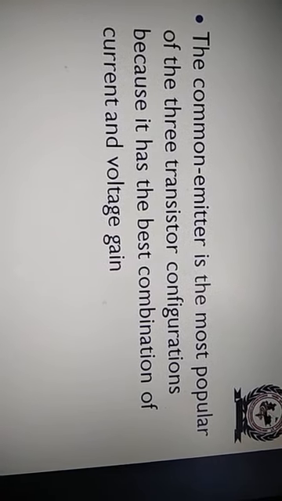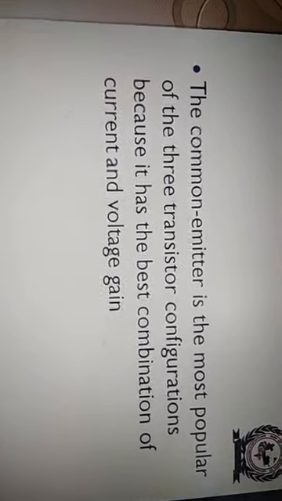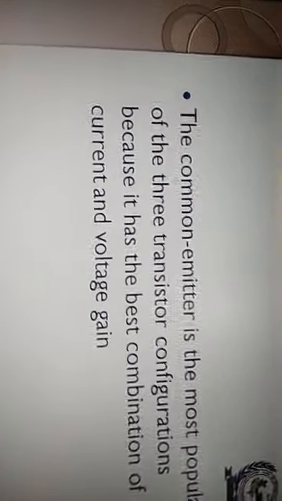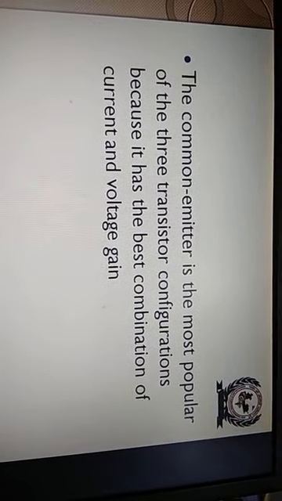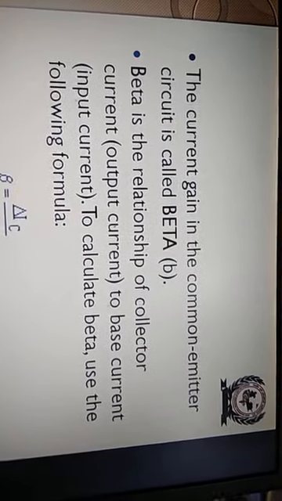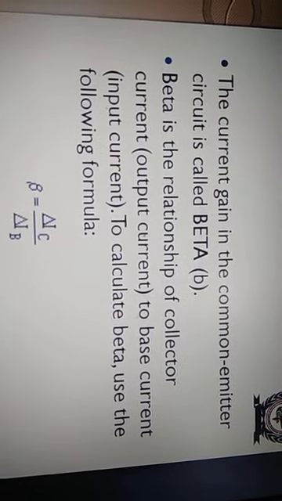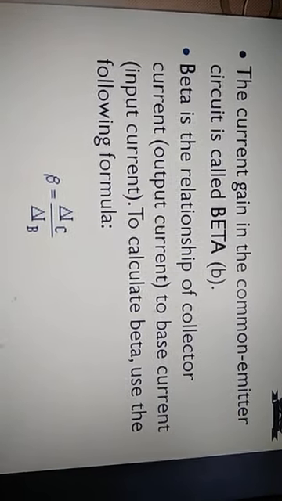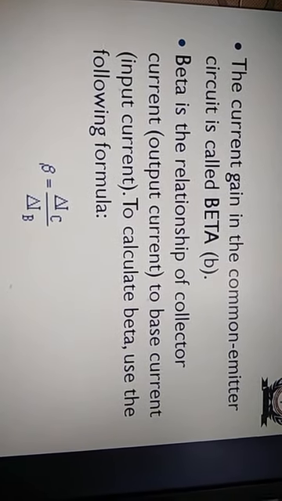But in both cases, the common emitter is the most popular because it has the best current gain as well as the voltage gain as required in circuit configurations. The current gain in the common emitter circuit is called beta. Beta is the relationship of collector current, that is output current, to the base current, input current.